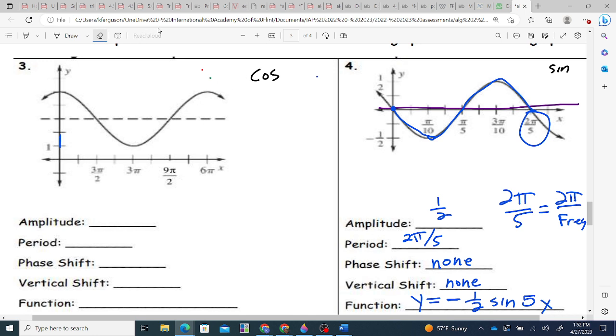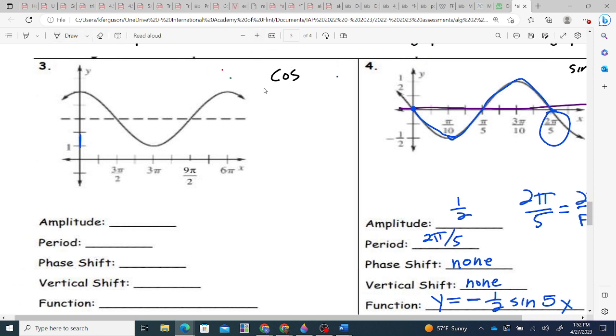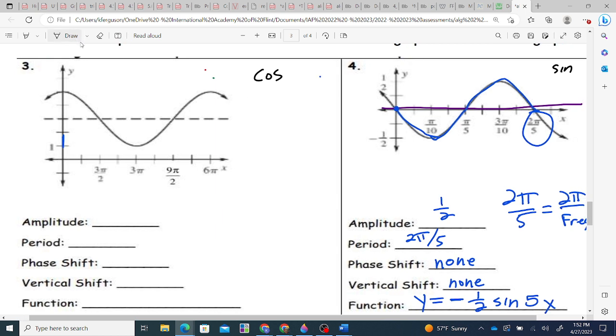All right. So if we think about sine, the weird looking Z, right? So we know sine looks like this.